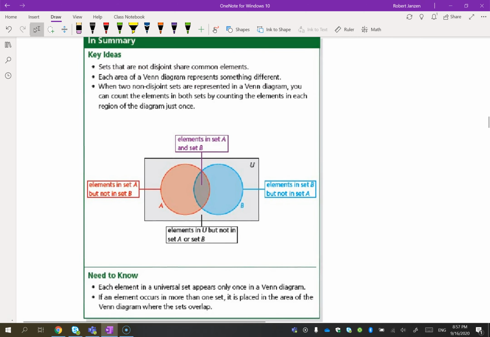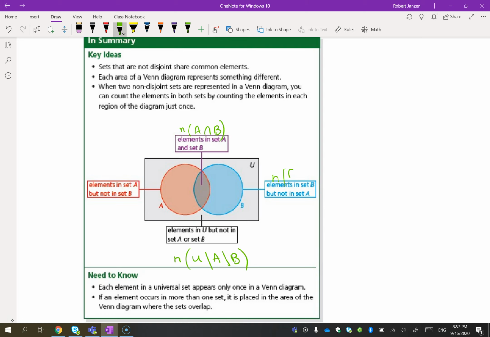So some key ideas here. I want to put a little bit of notation in here. The elements in set A and set B, how do you write that? That's A and B. The elements that are in neither of them would be the number of the universal set not in A and not in B. How would you write this one?